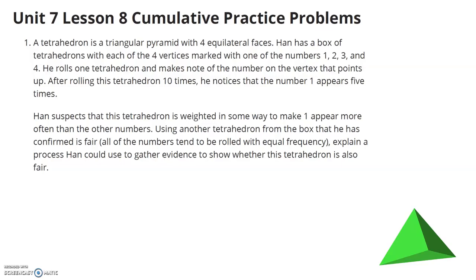But I want to try it with something in mind, and that will be to pay close attention to the number 1, right? So I would just roll the figure, and if I see that the number 1 appears around 5 times, or even more, I can say that the tetrahedron is unfair.